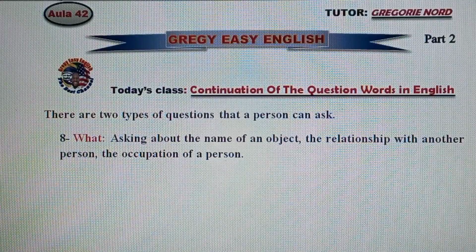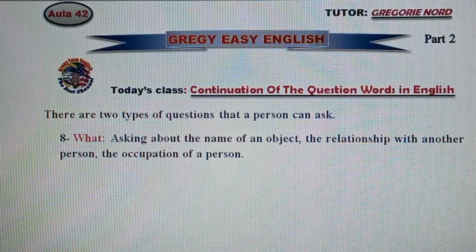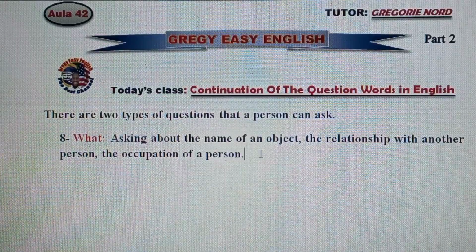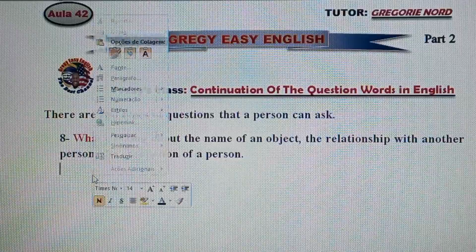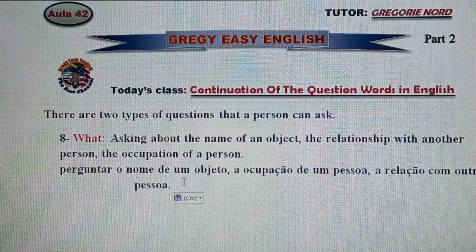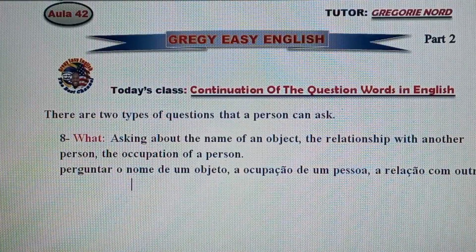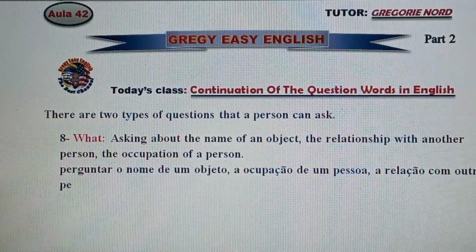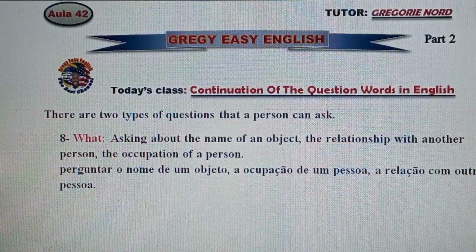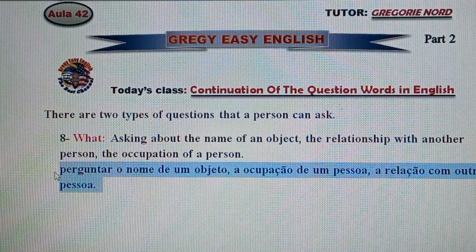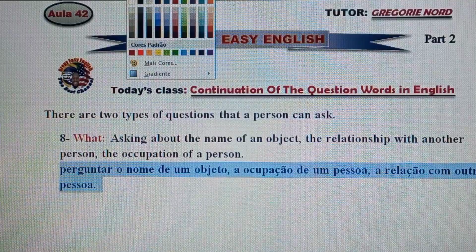Agora, pessoal, o que significa esta definição em português? Vamos lá. What pergunta o nome de um objeto.